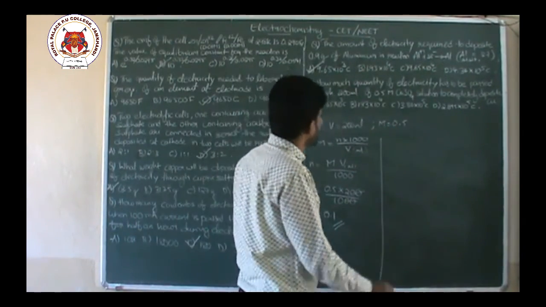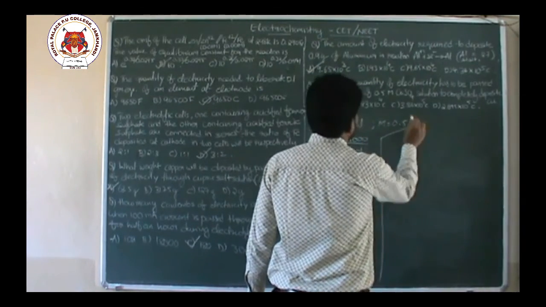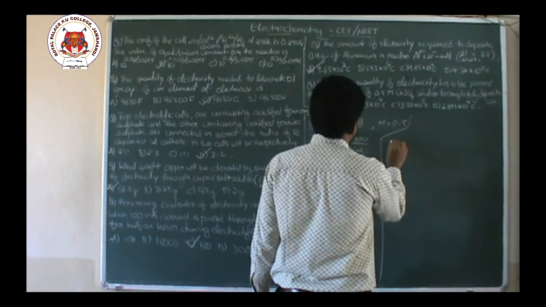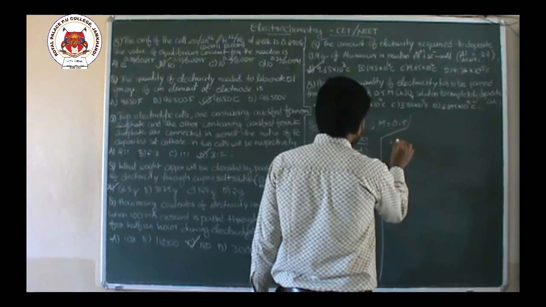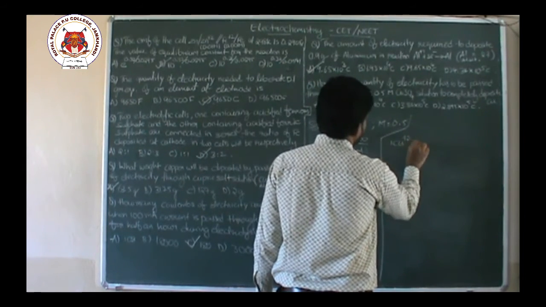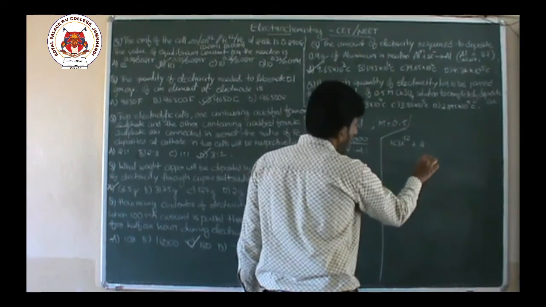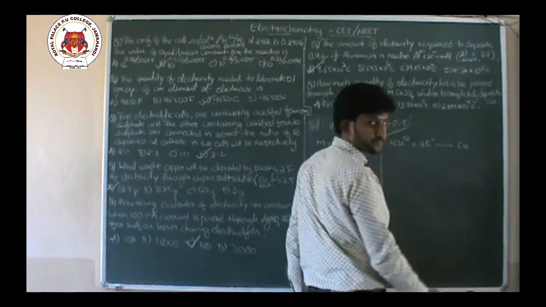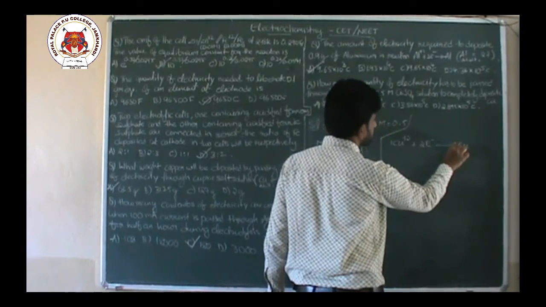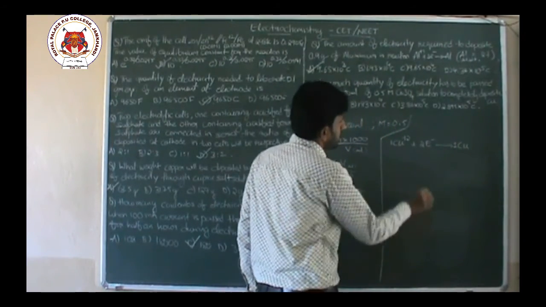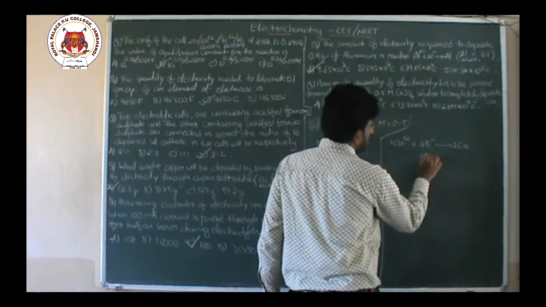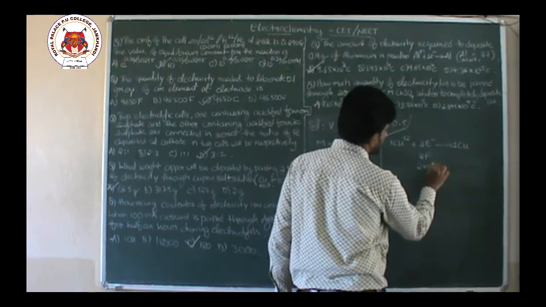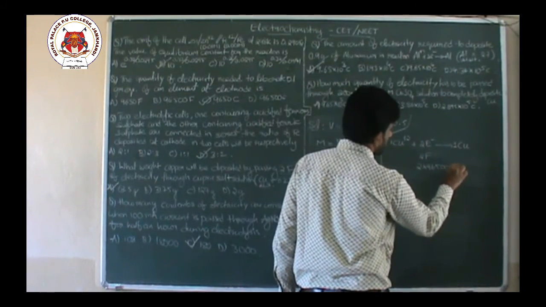Okay. Now that means here, this is copper sulfate solution. So 1 mole of Cu plus 2 ions require 2 moles of electrons to deposit 1 mole of copper. Okay. 2 moles of electrons means 2 faradays. 2 faradays means 2 into 96,500 coulombs.